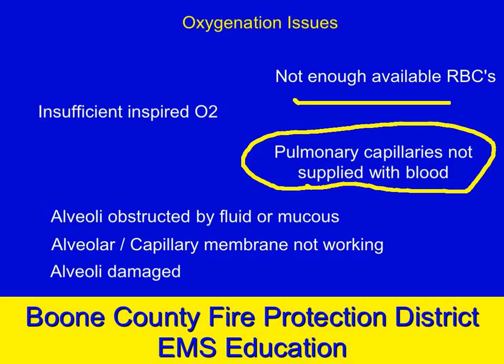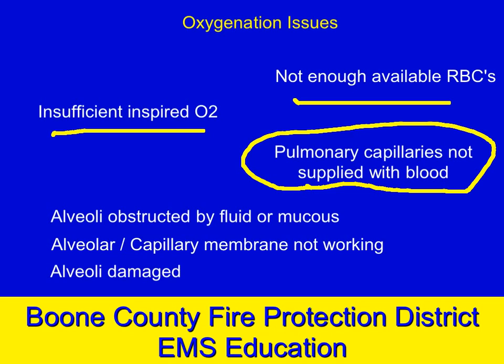If there's not enough blood going by an alveoli, it doesn't matter how rich the oxygen content is in that air and how well the membrane's working and how well everything else is working. If there's no blood going by, then we're not going to be able to have a legitimate oxygenation.